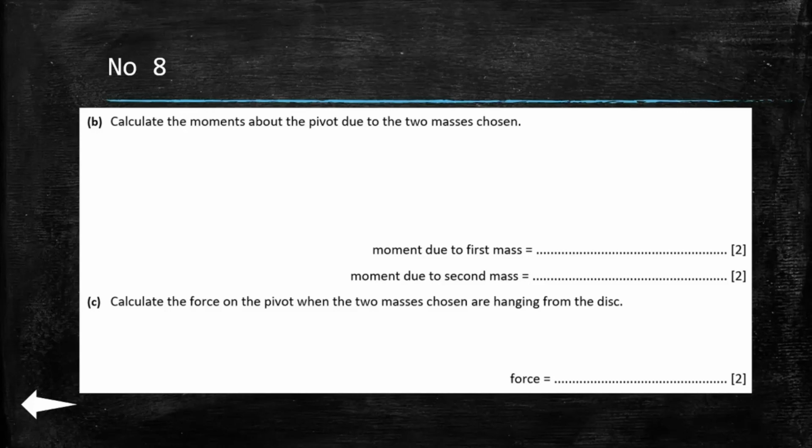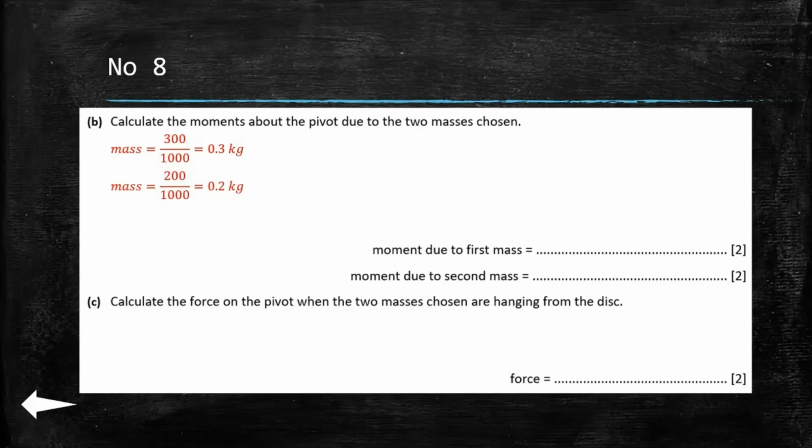First, convert the masses into kilogram. To convert the masses into kilogram, divide each of them by 1000. Then, the 300 gram will become 0.3 kilogram and the 200 gram will become 0.2 kilogram.